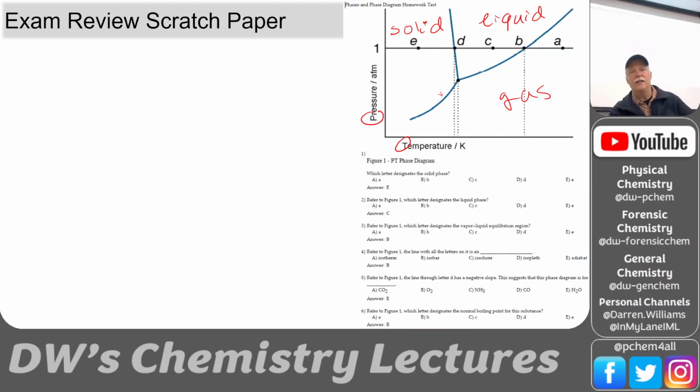Then these lines are the equilibrium lines. This line is sublimation, and the reverse of that is deposition. If you have a gas and it's depositing on a surface, it's going from gas to solid. If it's going from solid to gas, it's sublimation.